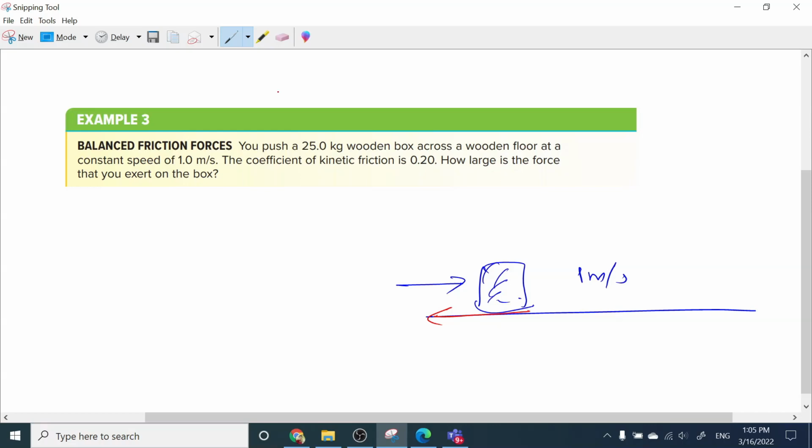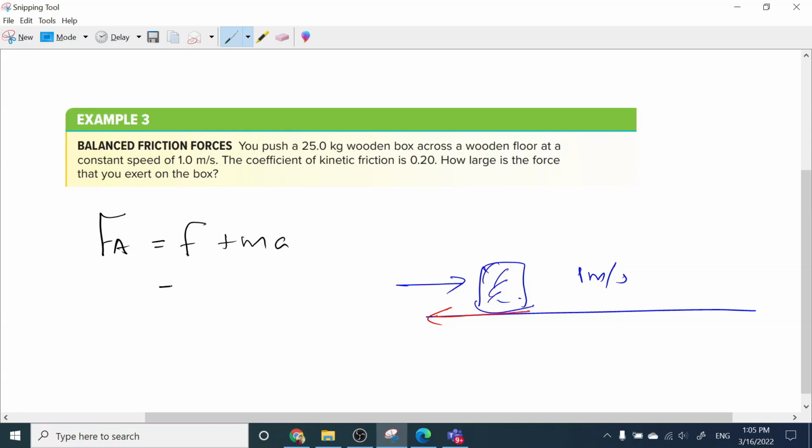Here you need to calculate how large the force is that you exert on the box, so you need to calculate the applied force. Applied force is always equal to frictional force plus net force. For net force, I will write mass times acceleration from Newton's second law.